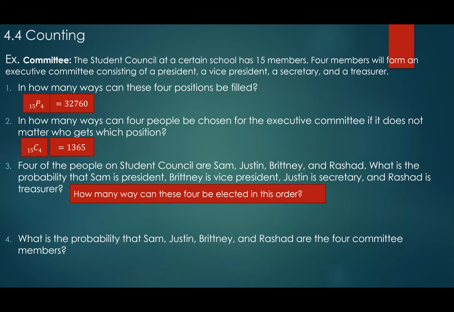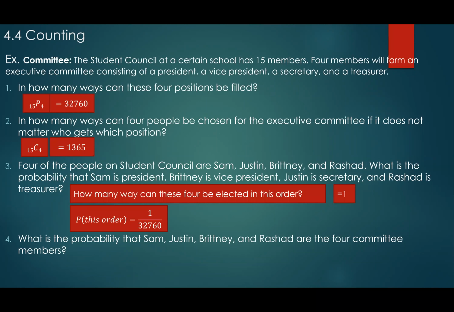Because they're given these specific names, there is only one specific way that this can be filled, which is Sam president, and so on and so forth, right? So there's only one way. And to find a probability, that is what we're looking for.